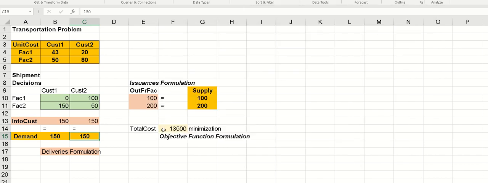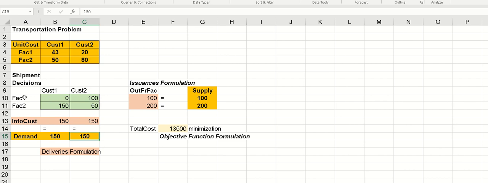You see, the total cost minimum is 13,500. I'm able to satisfy the requirement. Look here first. Factory 1 and Factory 2 are capable of supplying 100 and 200, and I am issuing from these factories 100 and 200. Okay, that's good. And the deliveries to the customers, 150, 150. And this is the cost, which you don't change. And this is now my decision.